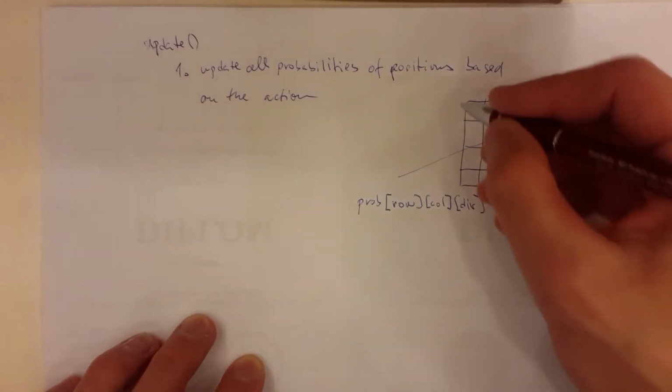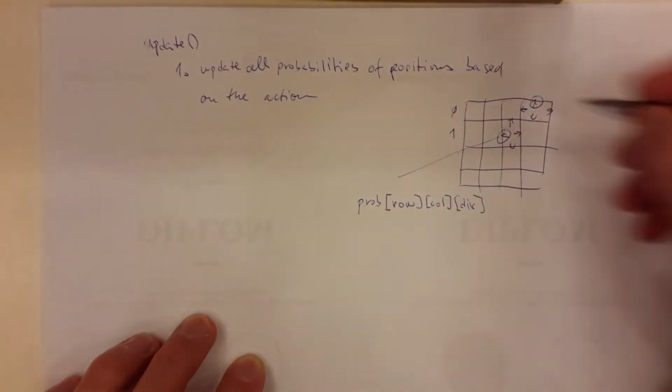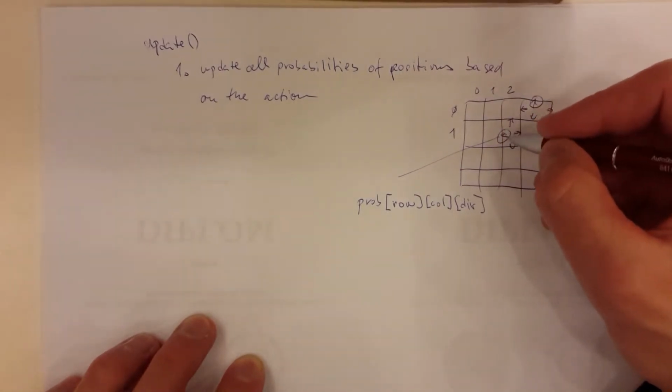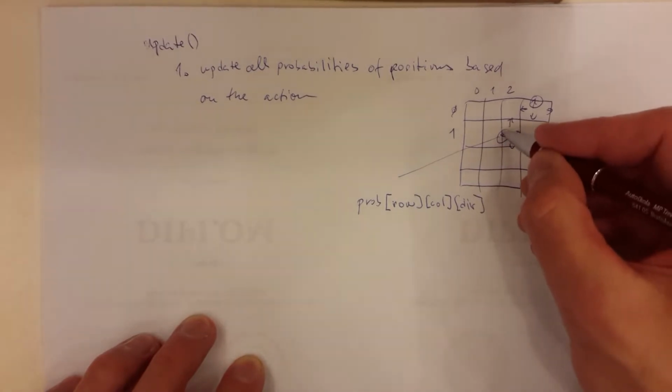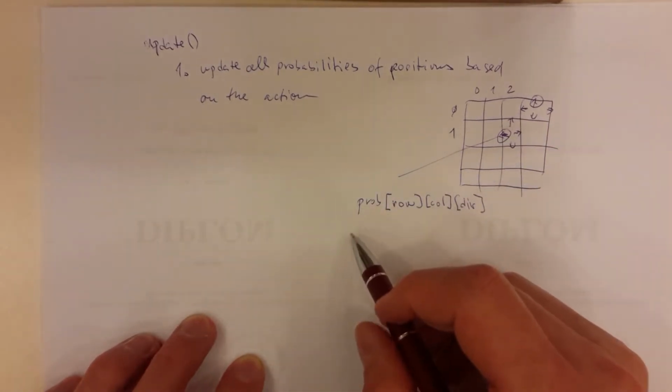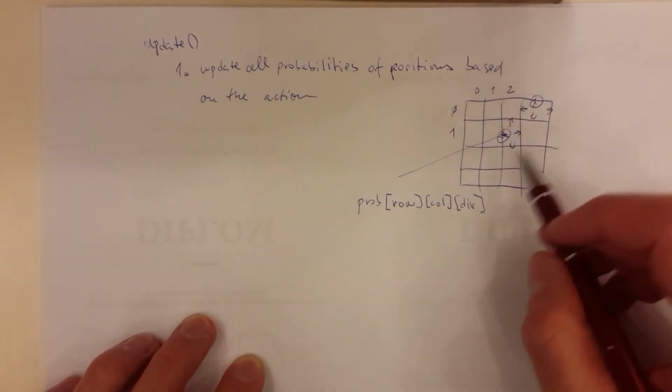So it would be in this case row 1, column 2 and direction 0, 1, 2, 3. So this is a belief we are here, the probability. The sum of all of these is 1, and each of the arrows has some probability.